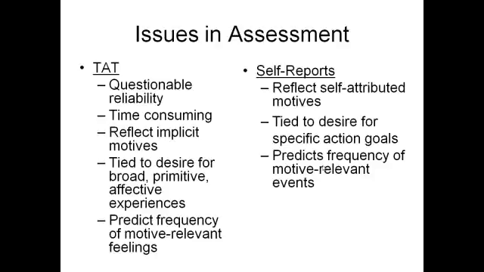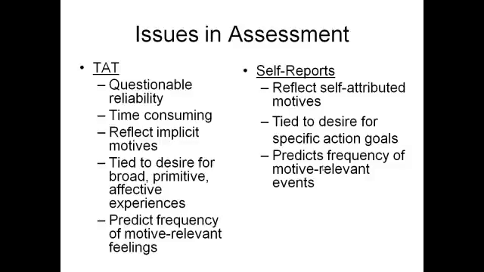When we're talking about assessing personality using the motive approach, there are basically two general ways of doing it. One is to use a projective measure like the TAT, Thematic Apperception Test, or picture story exercise, in which you're trying to get the underlying hidden motives out of it.